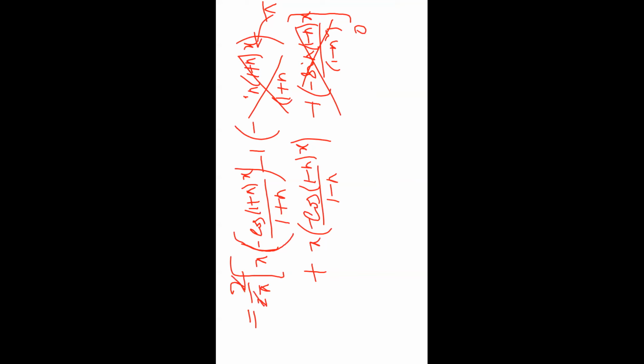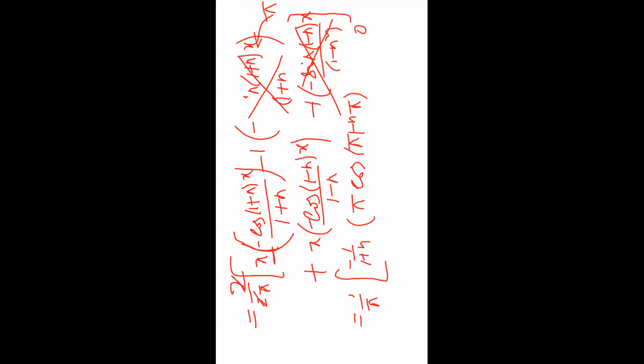So here the 2 cancels. The remaining constant is 1 by pi, and in the first term, minus 1 by 1 plus n is written outside, and we replace x by pi, cos of pi plus n pi. And next go to the second term.